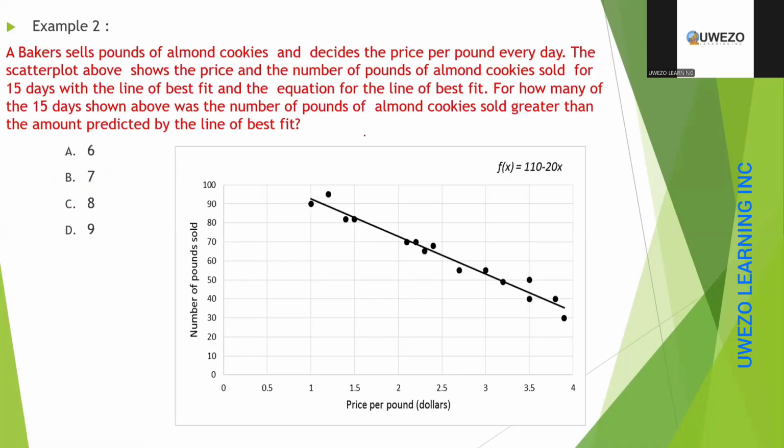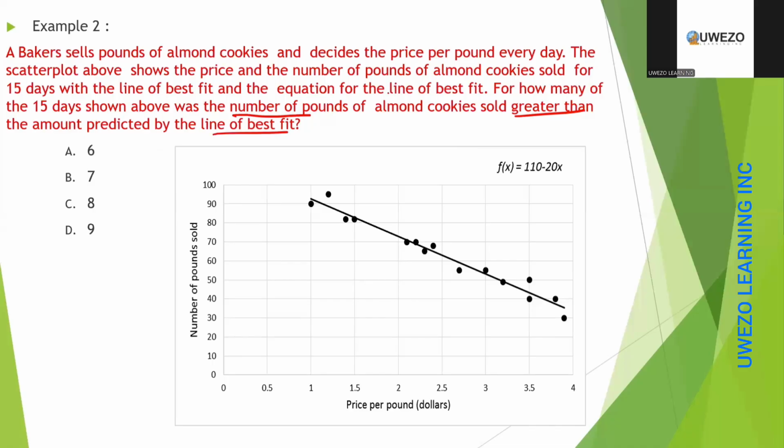Similarly, sometimes the question asks about how many points are located in the graph. In this question, we want to know the number of pounds sold greater than the amount predicted by the line of best fit.